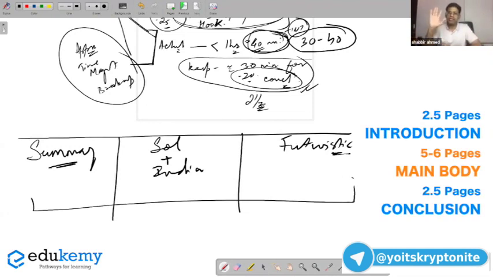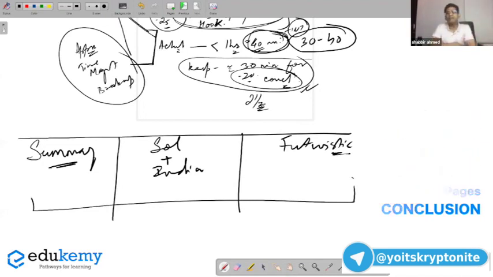That makes your 10 pages, right? 2.5 pages introduction, 2.5 pages conclusion, and your body is 5 to 6 pages. Because a lot of introduction you have already developed as a part of your brainstorming.